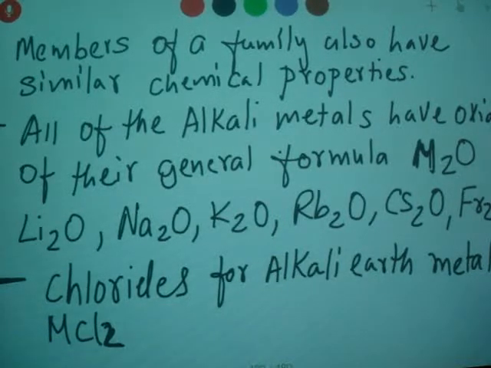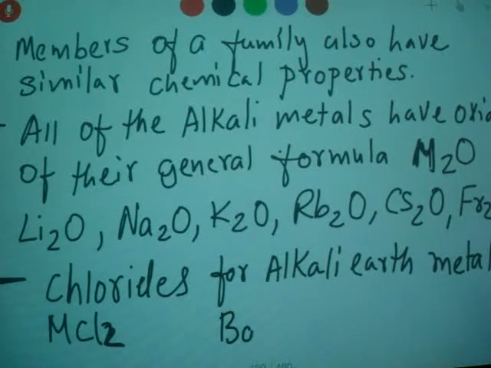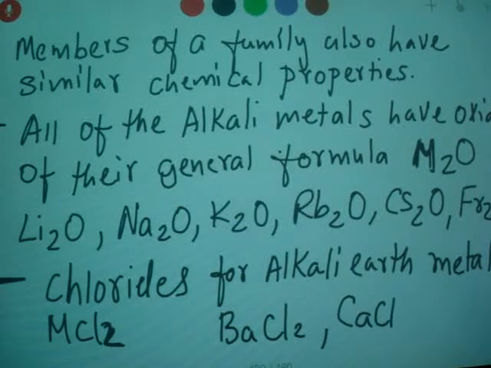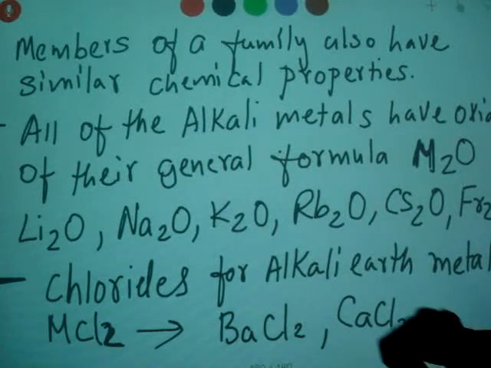So, for example, if it is Ba, then we can have BaCl2, CaCl2. So that's how you can write their general formulas. So each family has similar chemical properties.